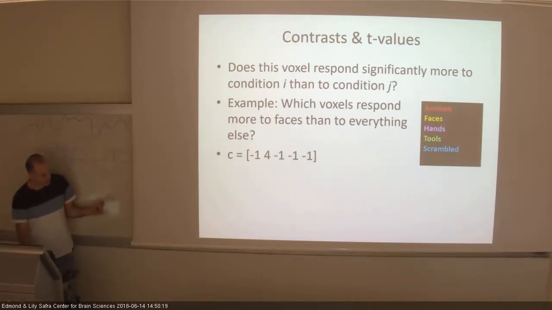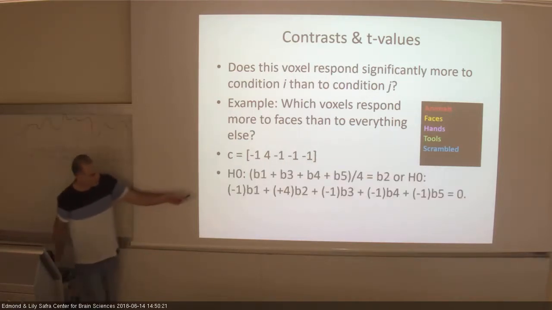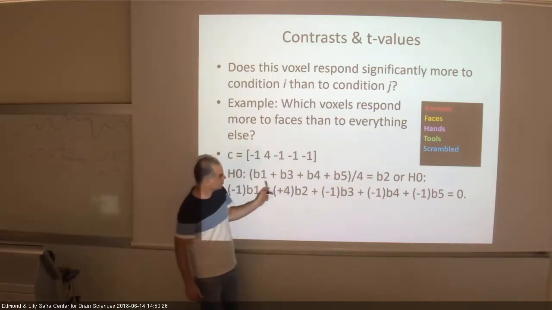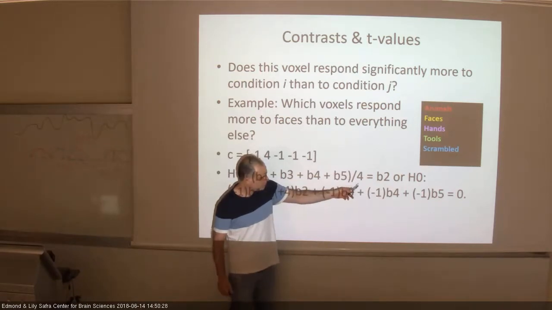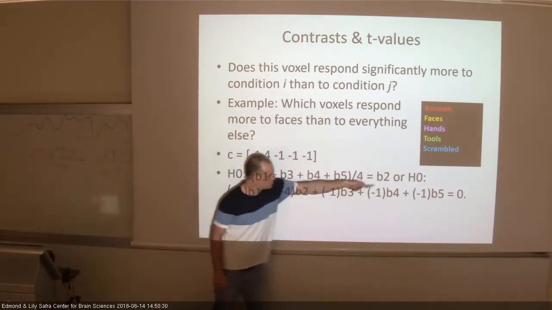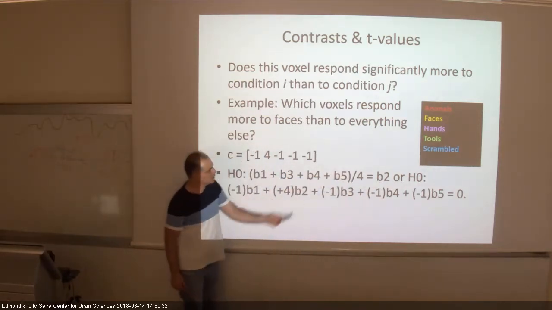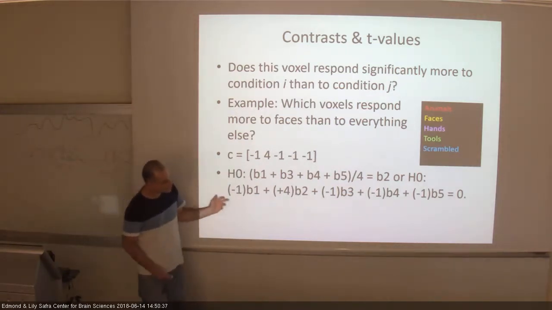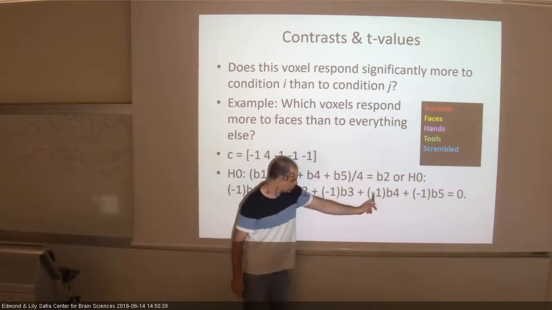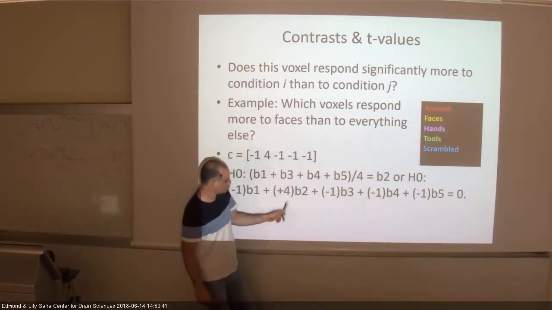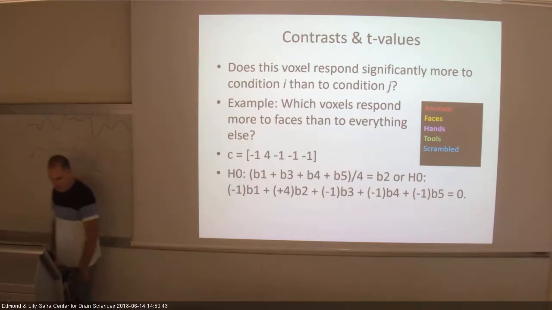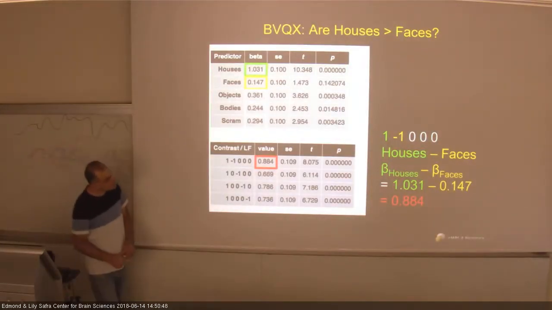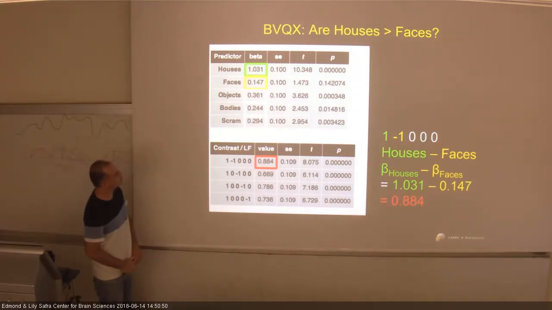Again, your null hypothesis is that all of these together, divided by 4, equals B2. So this one equals everything else. This is what you're trying to disprove, and we're rearranging it. You're left with these numbers: -1 in front of everything else, except your relevant condition. So this is basically what you're dealing with.